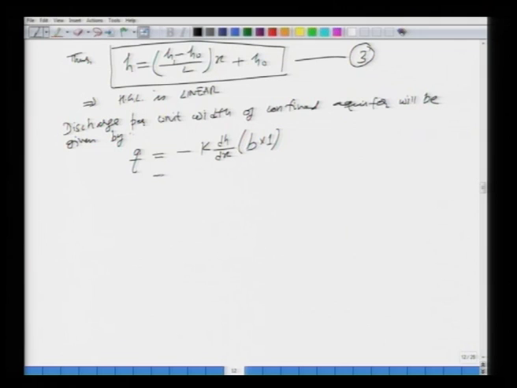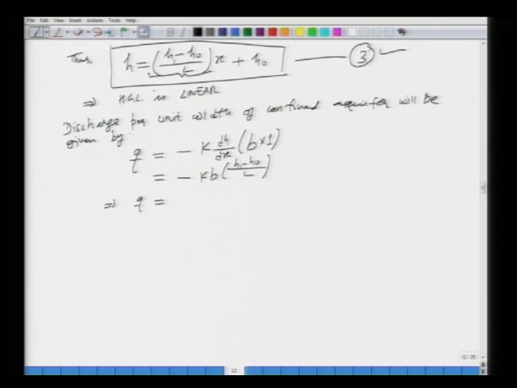What will that be? Minus k B times dH/dx. You can differentiate the solution, equation number 3, and that will give you dH/dx, which is H1 minus H0 divided by L. So, what will Q be?